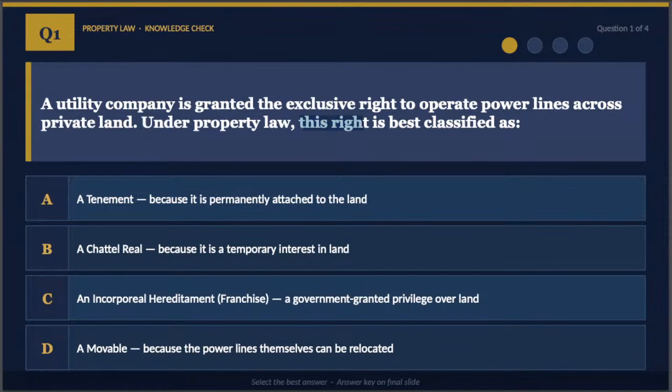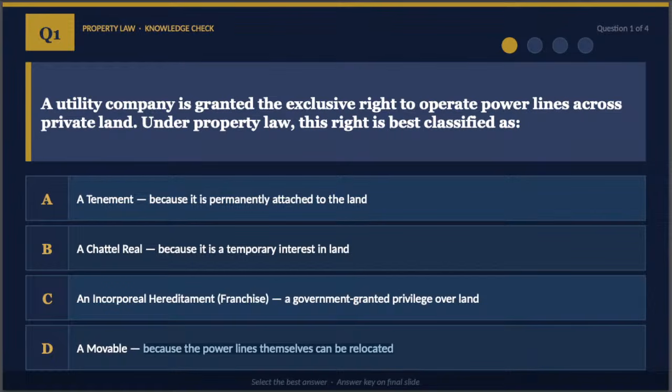Under property law, this right is best classified as: A, a tenement, because it is permanently attached to the land; B, a chattel real, because it is a temporary interest in the land; C, an incorporeal hereditament, a franchise, a government-granted privilege over land; or D, a movable, because the power lines themselves can be relocated. Now, this is a tricky one.